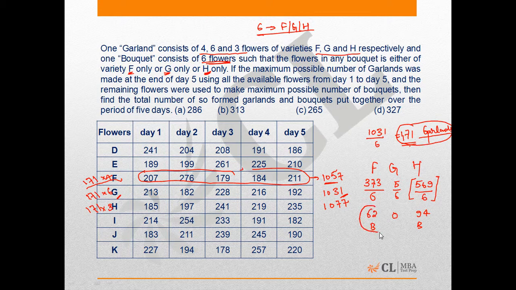So in total, how many bouquets would I manage? That is 156. In total I want 171 and 156, the number of garlands and bouquets. The summation of them will end in 7, so I will take the option number D.